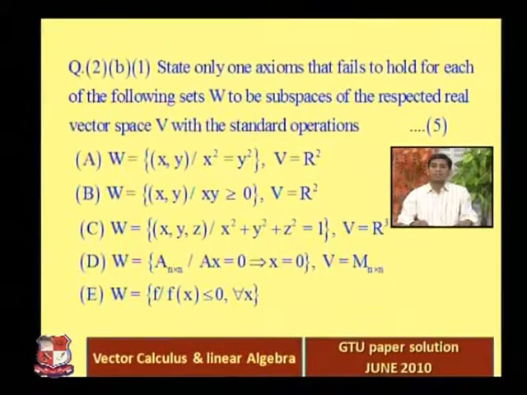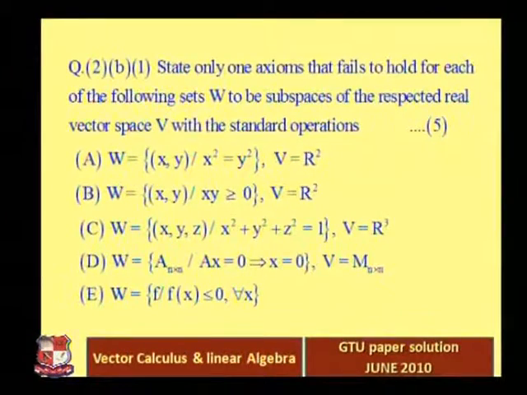Okay, so let's take each example one by one. The first one is W equal to the set of xy. Definitely this is a subset of R2; whether it is a subspace or not, we have to check. What type of elements are in this set, xy where x square is equal to y square? That means the squares of both coordinates are the same.